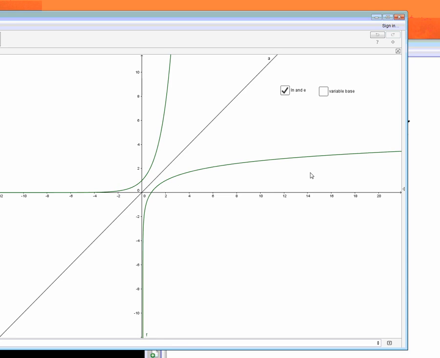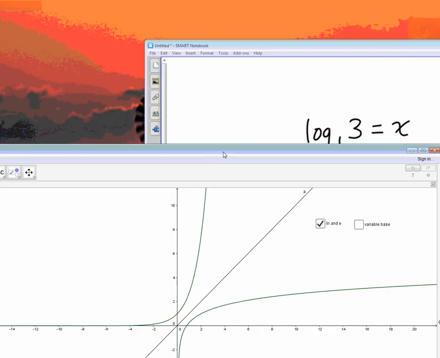Now, the really cool thing about natural logs is that if you give me a point on that e to the x curve, the y value of that point is the slope of that function.